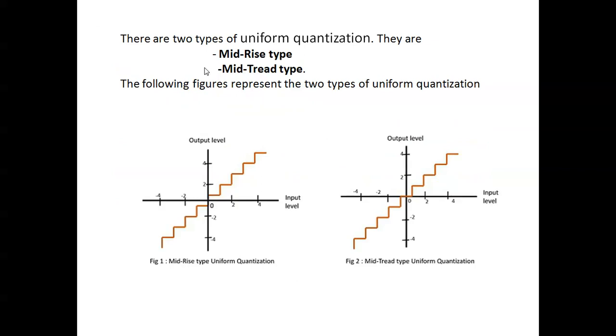Uniform quantization is split into two types: mid-rise type and mid-tread type.